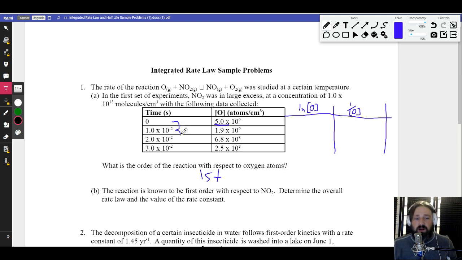Then try to figure out, as this goes down in time, whether these decrease or increase at the same amount. Here we're just going 0 to 1, 1 to 2, 2 to 3. These should be going at the same amount each time. All right, so that's how we go through and do number 1.